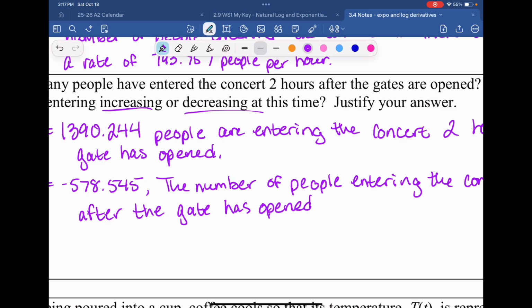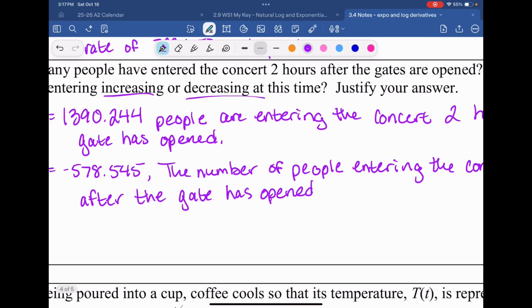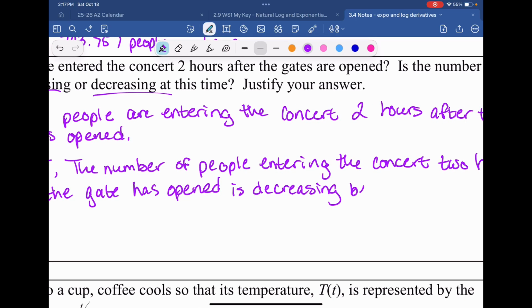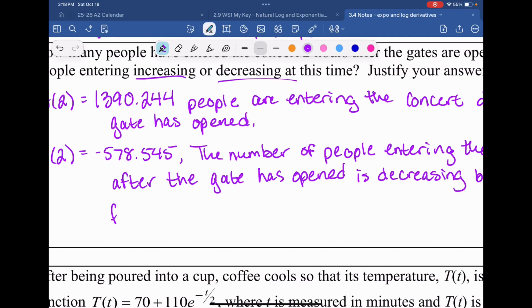Now, it wants to know if it's increasing or decreasing. That rate is negative, negative 578. So it is decreasing, because f prime of 2 is negative.